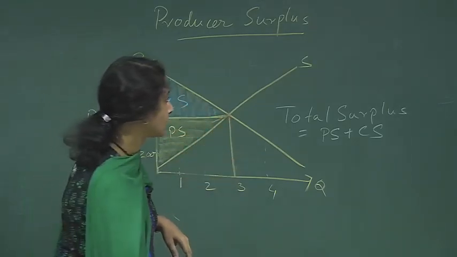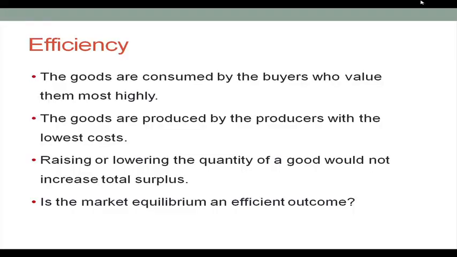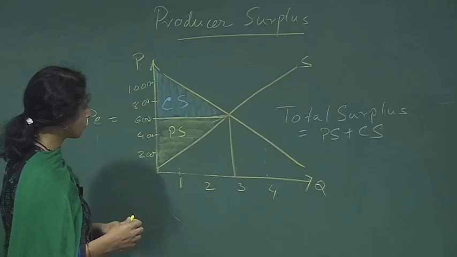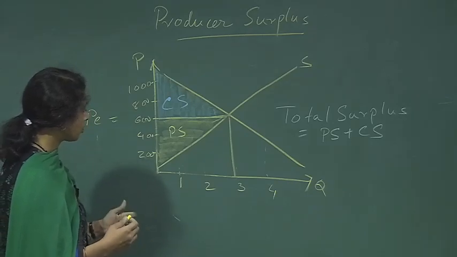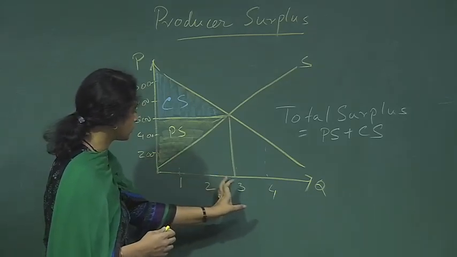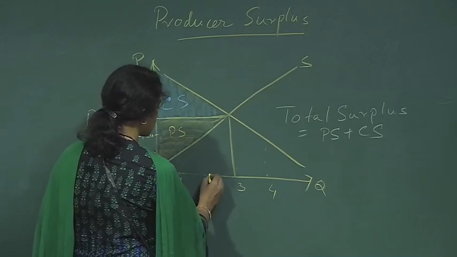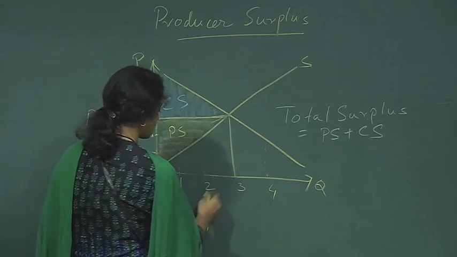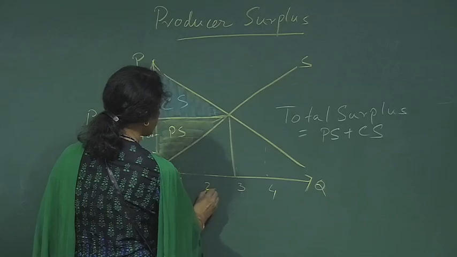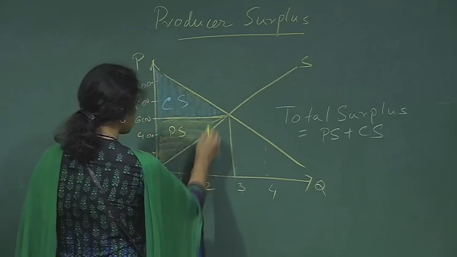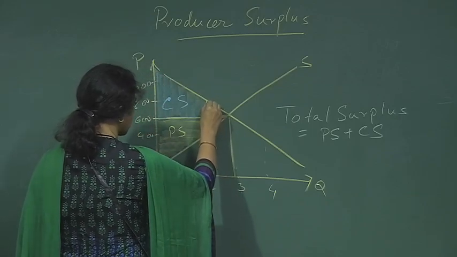Now, looking at this diagram, what happens if quantity falls? Say, for example, it is decided that due to whatever reason, instead of 3 units, 2 units will be produced.